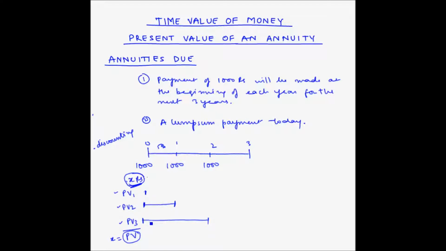Now let's consider this case of PV3. So here we want to find out the amount of money which, if invested today at 5% interest compounded annually, will give us 1,000 rupees at the beginning of the third year.